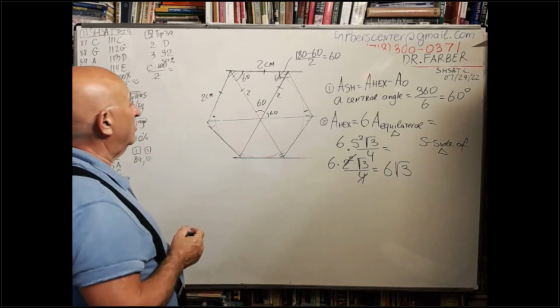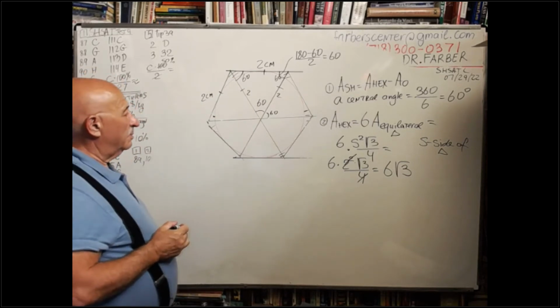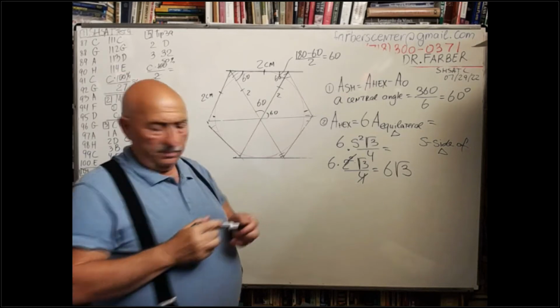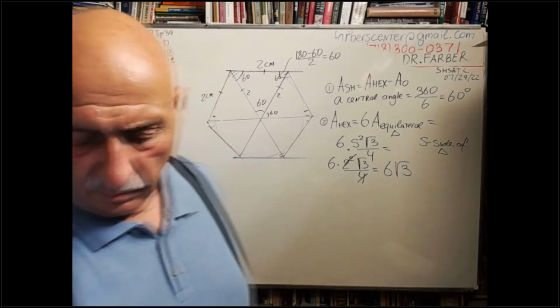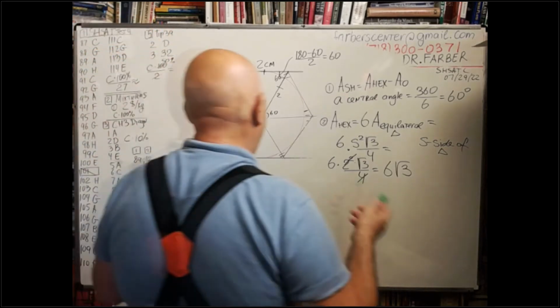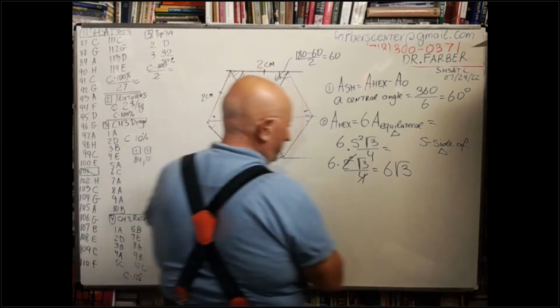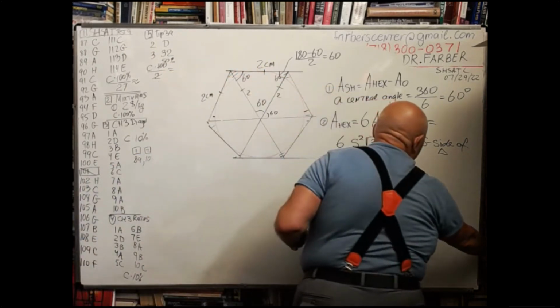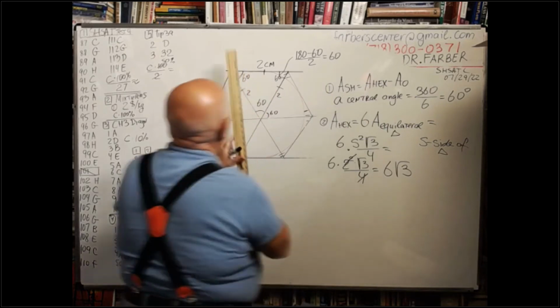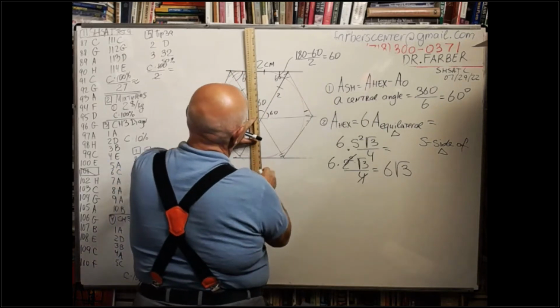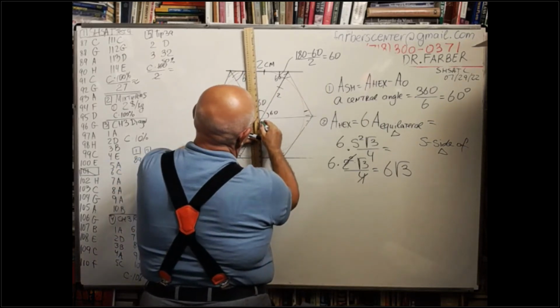What about how to find the area of the circle? I take a different color. And you know, to find the area of a circle, you have to get the radius. I use a different color. And make this radius.